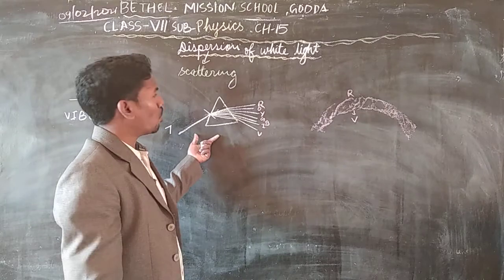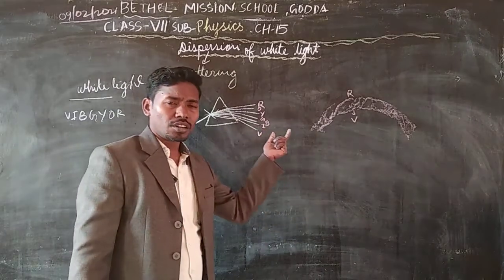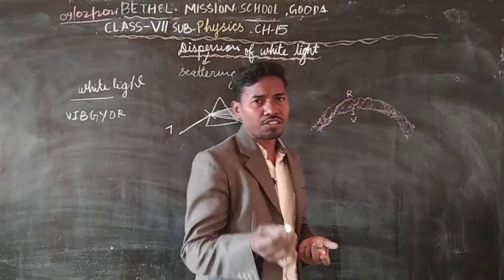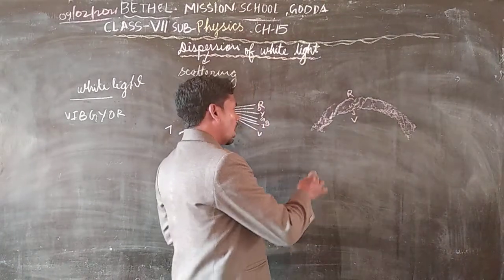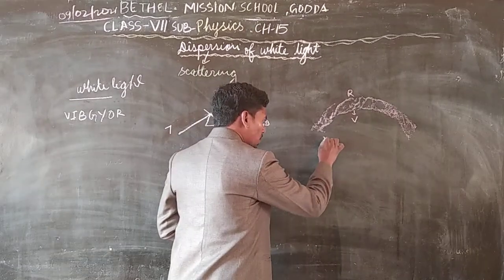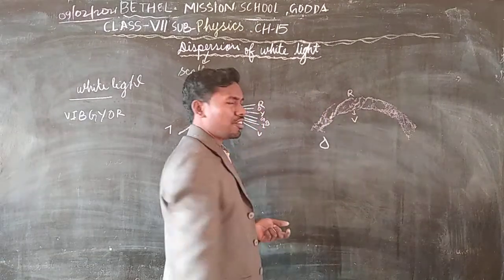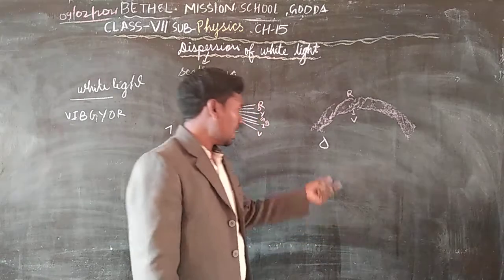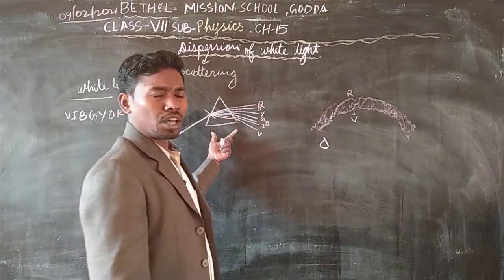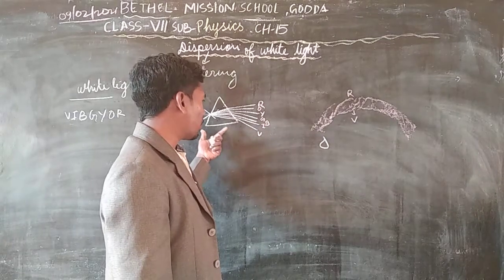And this is the cause of the rainbow too. A rainbow is seen after the rain. After the rain, fine droplets of water are present in the atmosphere, and each droplet is similar to a prism.